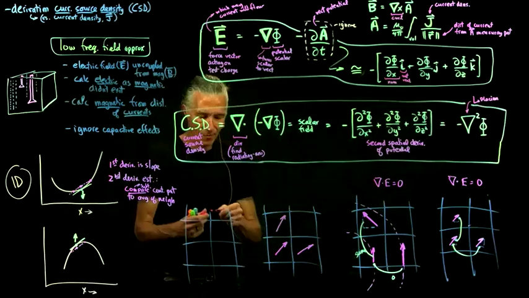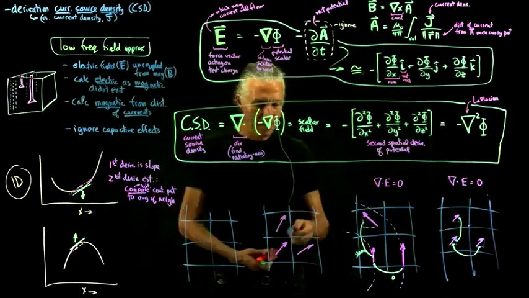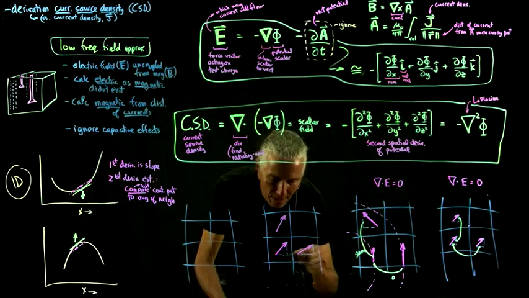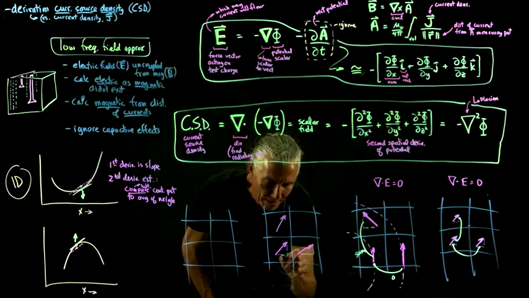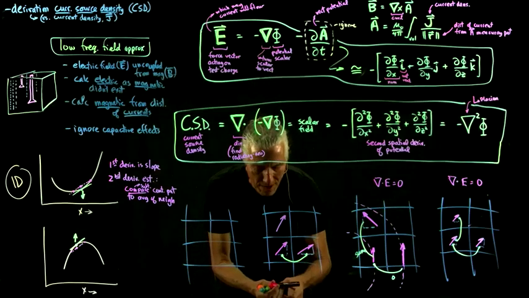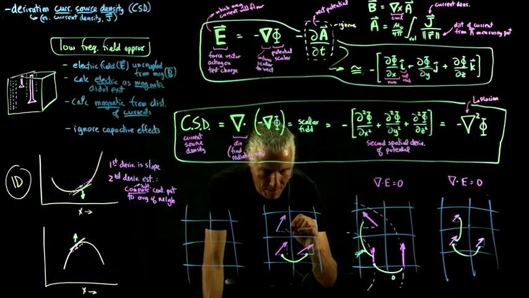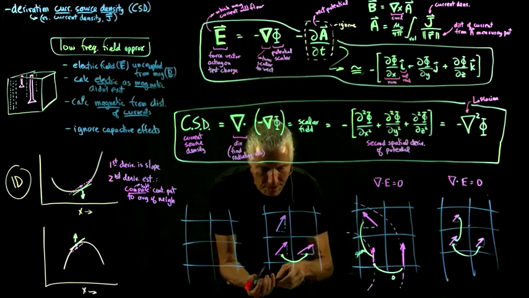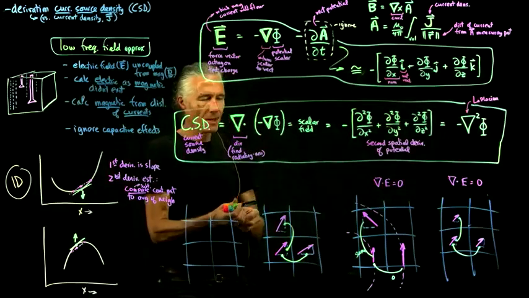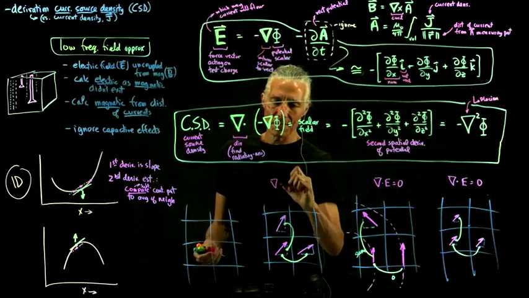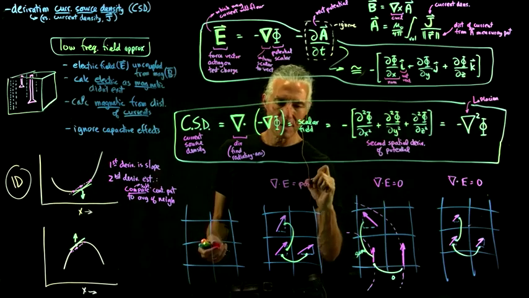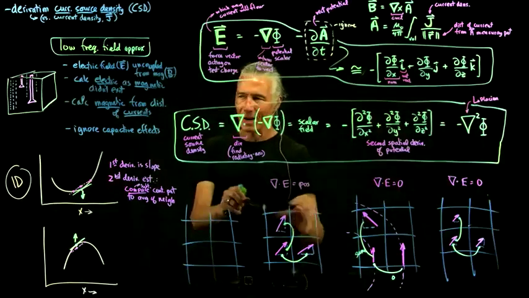That would have a positive divergence, because as we go in the x direction, the x component of the vector got a little bigger, and as we go in the y direction, the y component of the vector got a little bigger. So if you had an E field like that, it would equal a positive divergence. That's radiating.